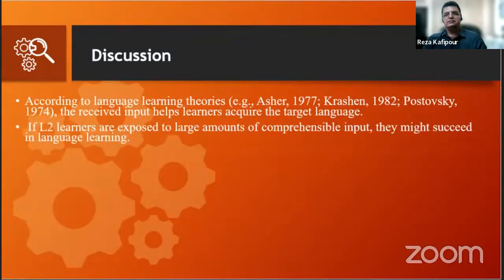The next point, if second language learners are exposed to a large amount of comprehensible input, they might succeed in language learning. So it should be one of the roles of English teachers to provide input as much as possible for the students, and they pace the learners' repeated exposure to the context. It helped them to become competent in English pronunciation.